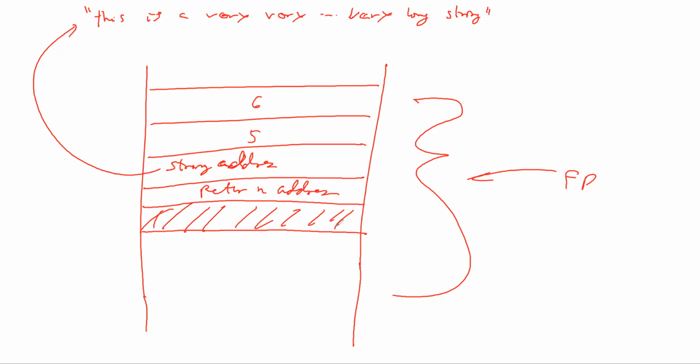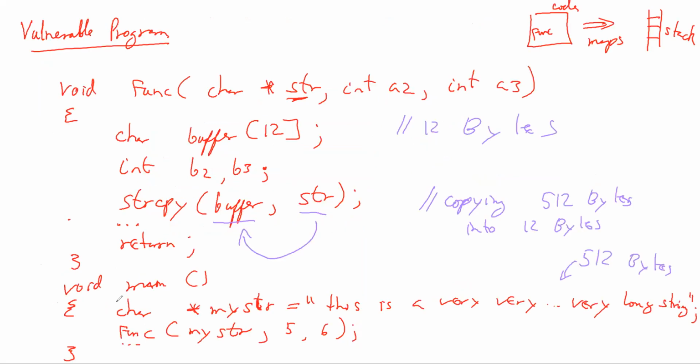And now, remember, this is where the local variables are stored. So we're going to go back to our program. And this program has these local variables, right? It's got buffer, B2, and B3. You guys see that? Because we're laying out the space in memory for the function, we need to allocate space for buffer and for B2 and B3.